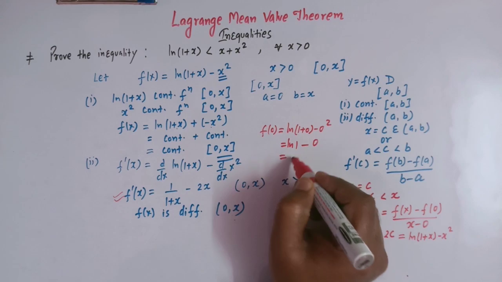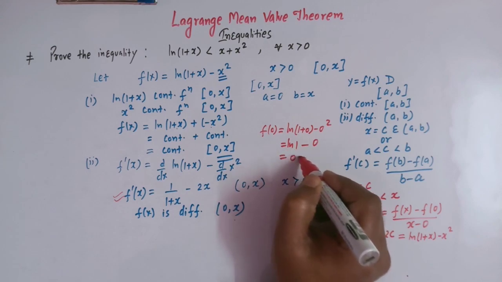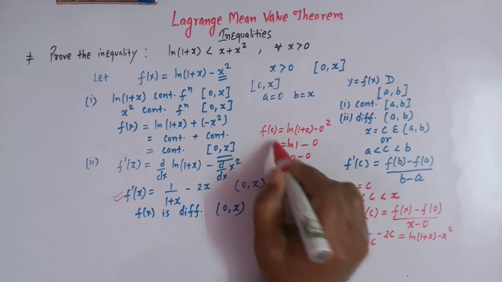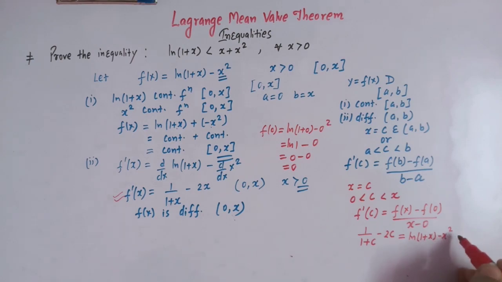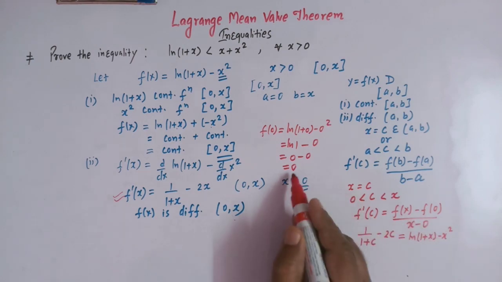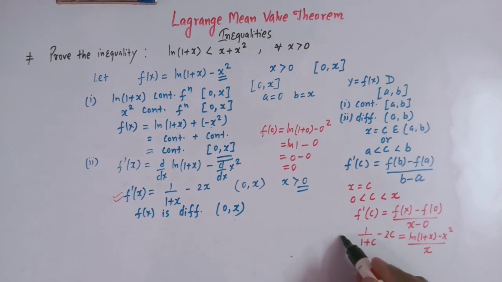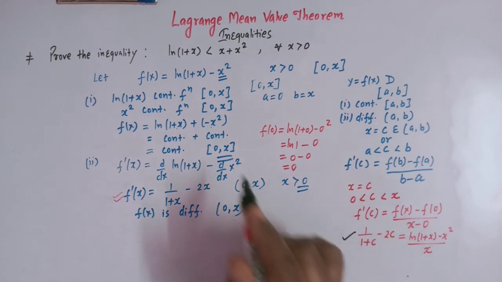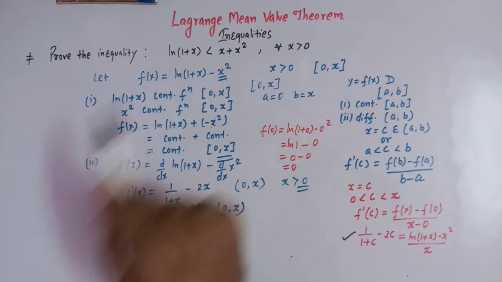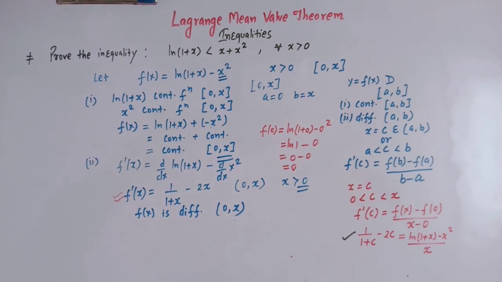Log of 1 is 0, so f of 0 is 0, so we can omit it here. So now we are left with log of 1 plus x minus x square over x, right? So now we will utilize this expression to arrive at this inequality, right?